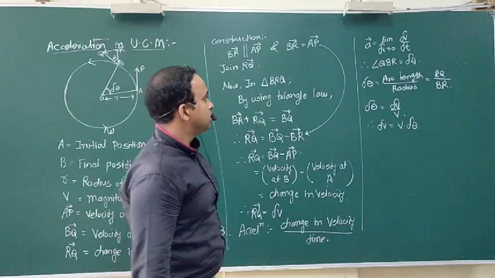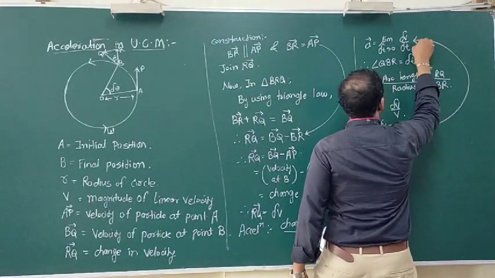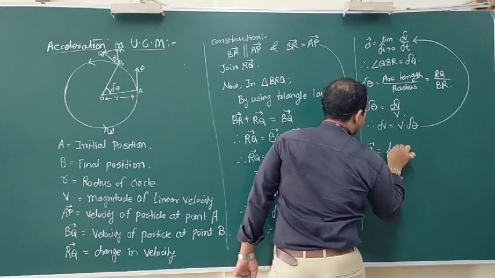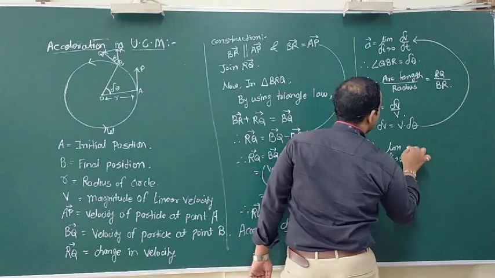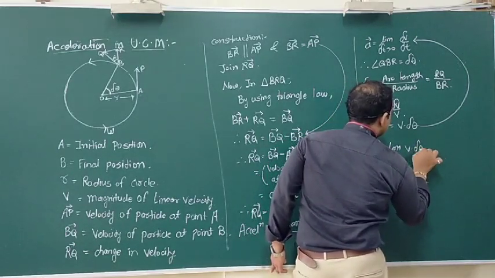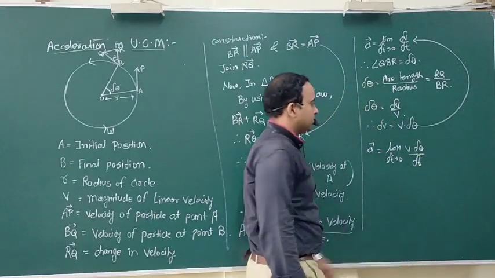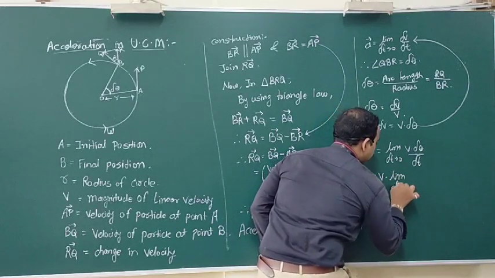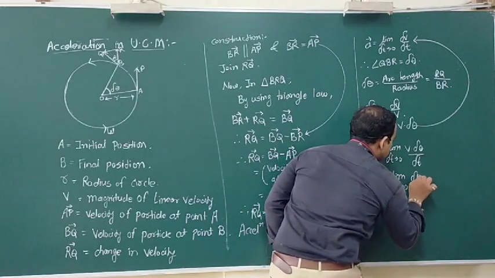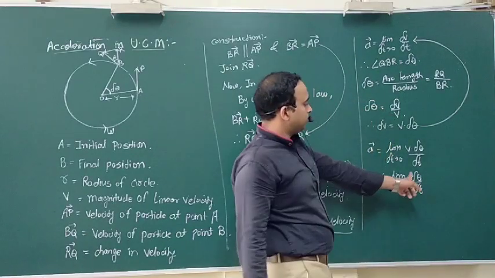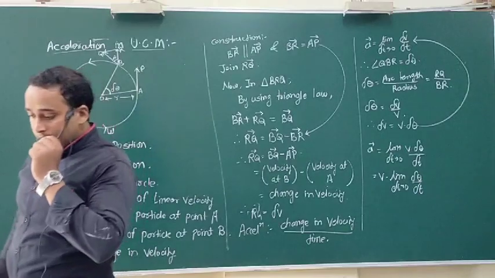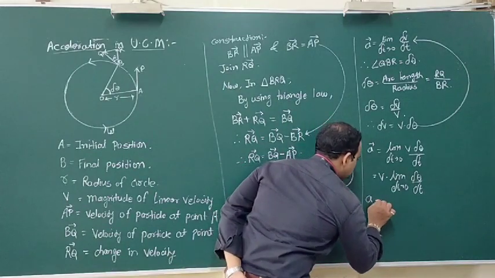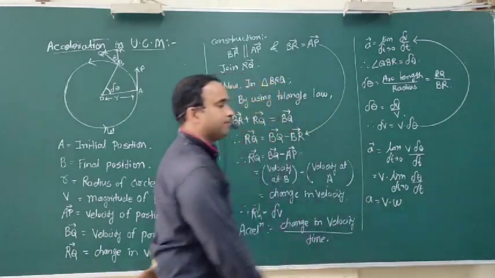Okay, substituting this value in this equation, we get A bar is equal to limit delta t tends to 0 V delta theta upon delta t. V is constant, so we get V into limit delta t tends to 0 delta theta upon delta t, the rate of change of angular displacement with respect to time. So we get acceleration is equal to V into omega.